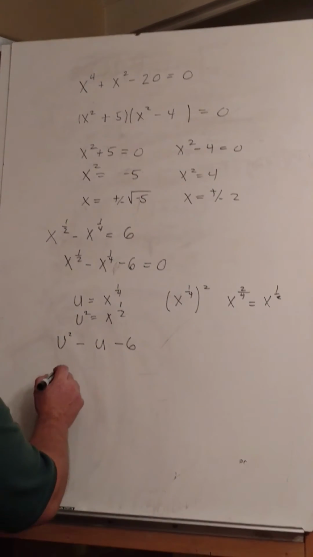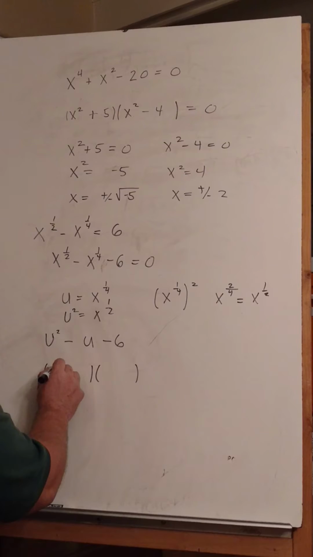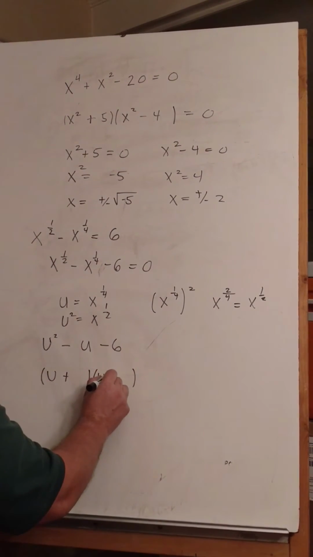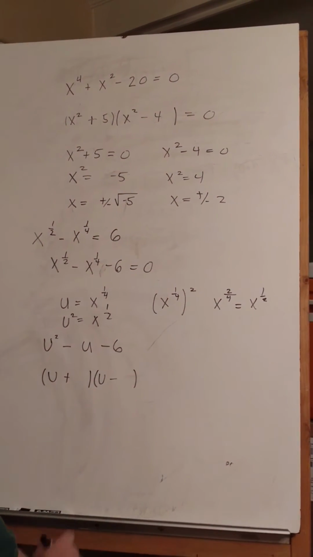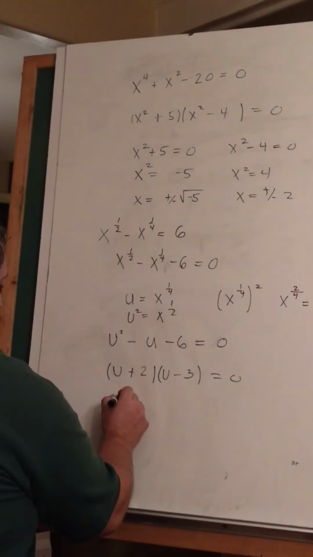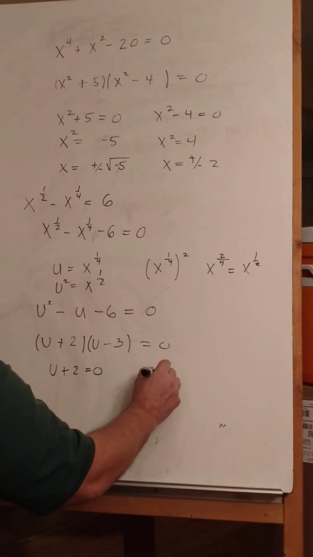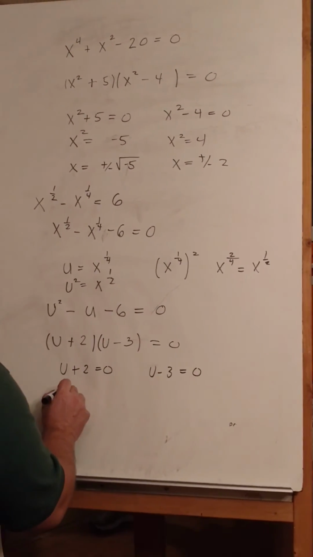And now, I hope that you see that this is fairly easy to factor. u plus something and u minus something. What is it going to be? Plus 2 and minus 3. Plus 2 and minus 3 equals 0 when added. So that means u plus 2 equals 0, or u minus 3 equals 0.